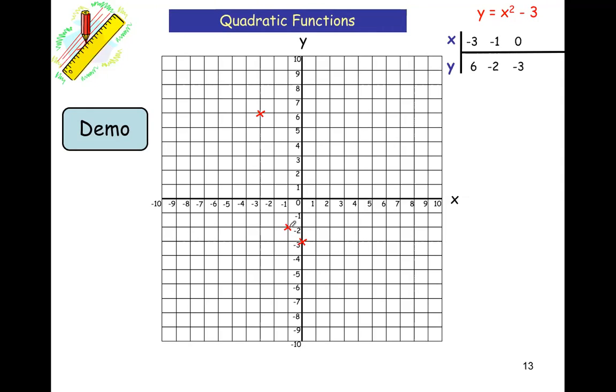Then we've got -3. And then let's see what happens when x equals 1. This time, we've got -2. So basically, we've got y equal to -2 for two points, the -1 on x and the 1 on x. And the last point is 3 and 6.